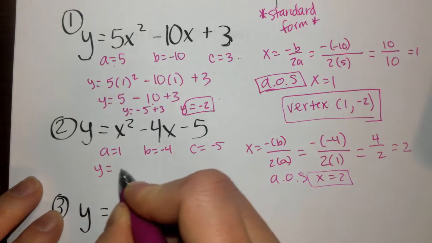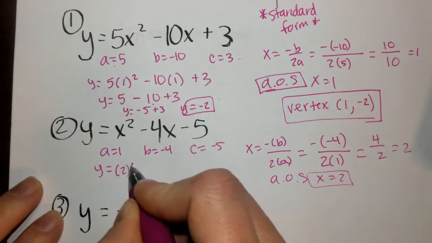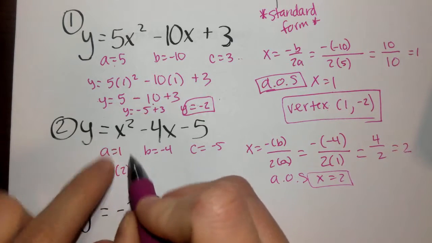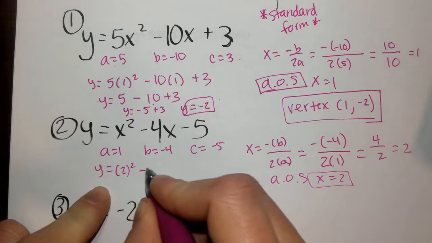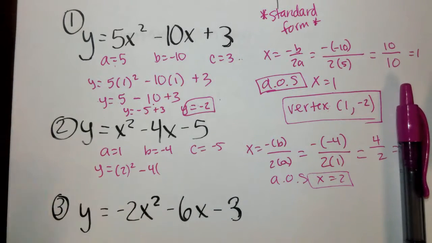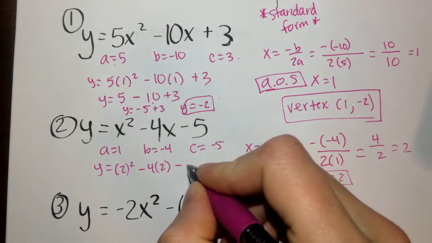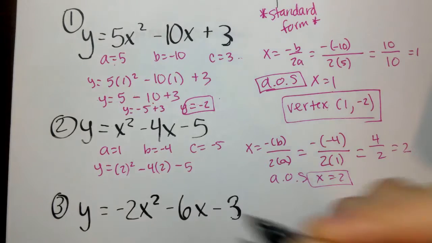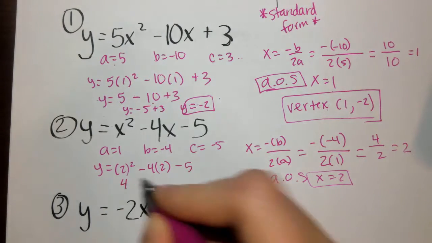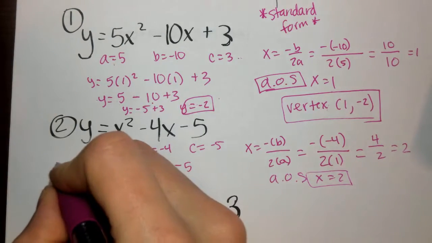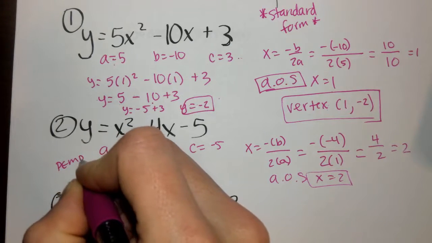So y equals 2 squared, because I'm plugging 2 in for x now, minus 4 times 2 minus 5. 2 squared is 4. Make a note for yourself that you're doing PEMDAS.